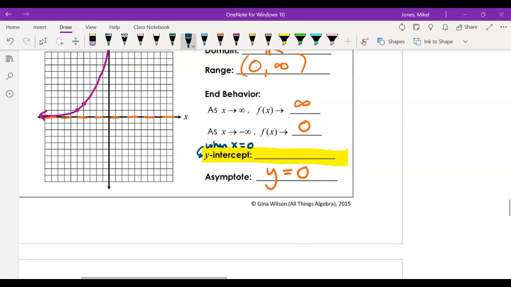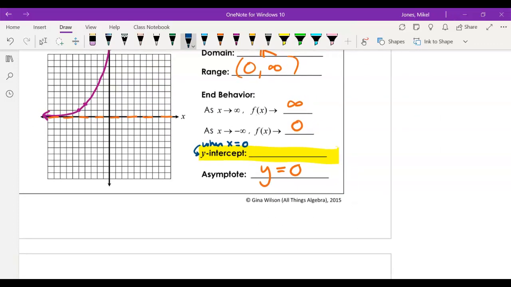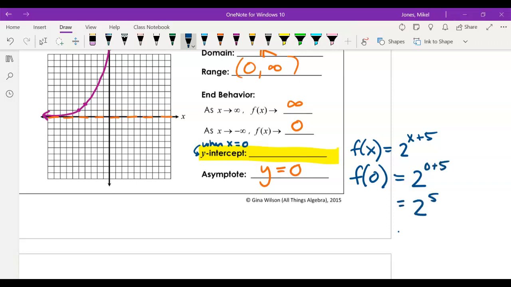So what I can do with this is I can just take my graph, which is f of x equals 2 to the x plus 5, and I can just plug 0 in. So I'm going to do f of 0. That would be 2 to the 0 plus 5, which is 2 to the 5th. 2 to the 1 is 2, 2 to the 2 is 4, 2 to the 3 is 8, 2 to the 4 is 16, so 2 to the 5th is 32.